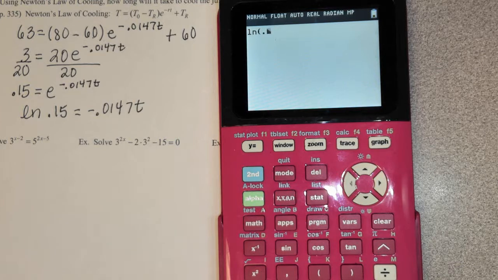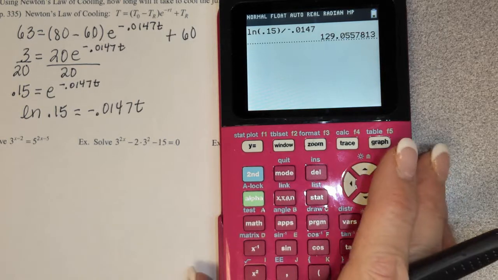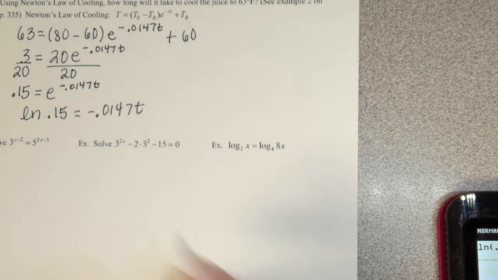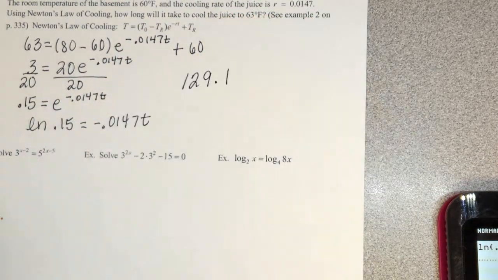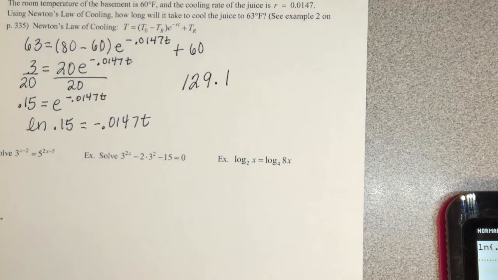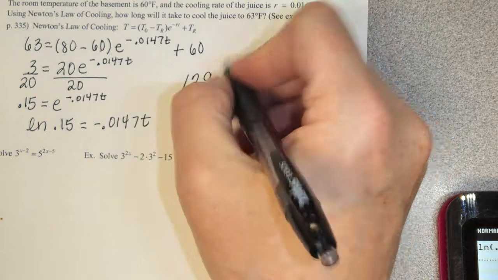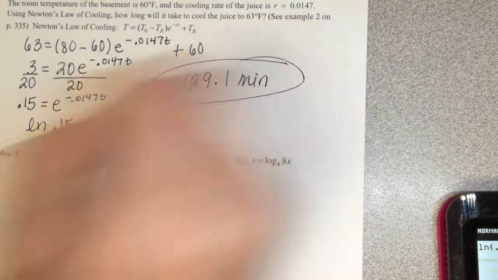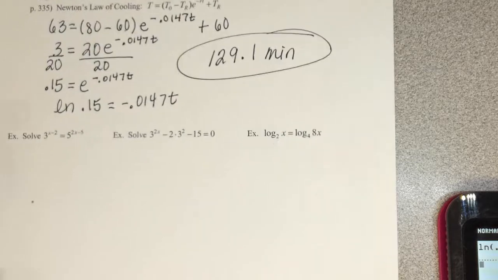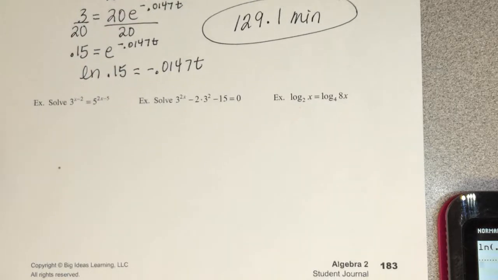So let's just get an approximation here. And it's 129.1. You may remember, is this Newton's law in minutes or hours? Minutes? So a little over 2 hours. Yeah, that one makes sense to be days or something.